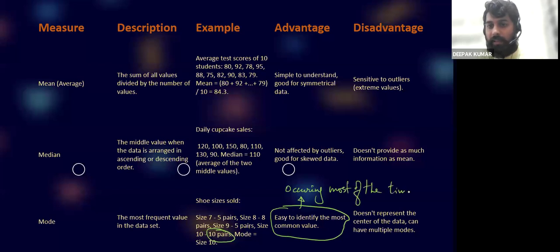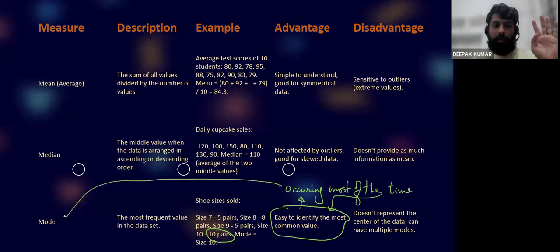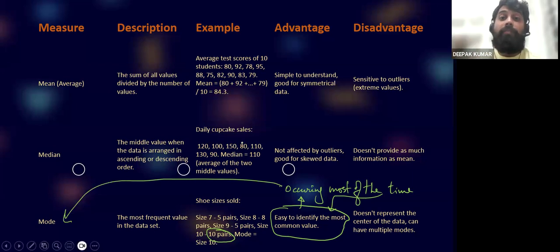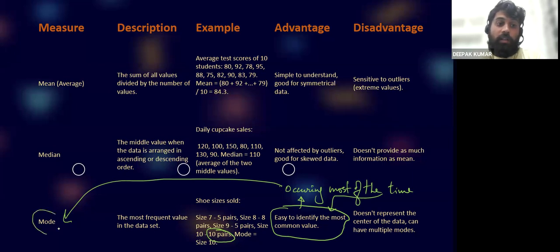We call that very common in the data, and we give that particular value the crown of mode. There is a possibility that there is more than one mode in a data set.